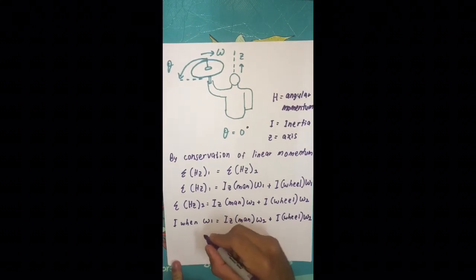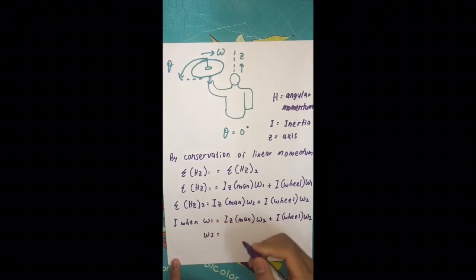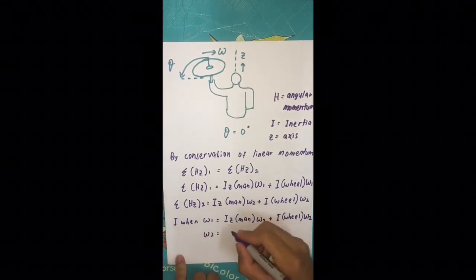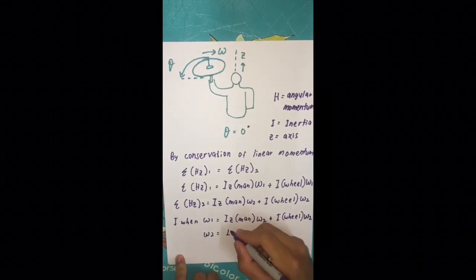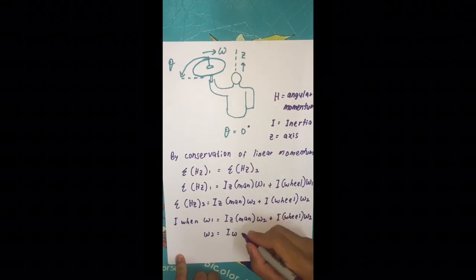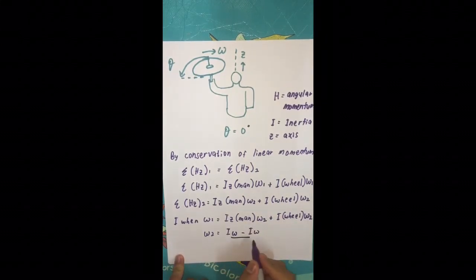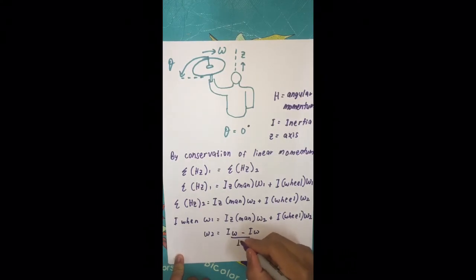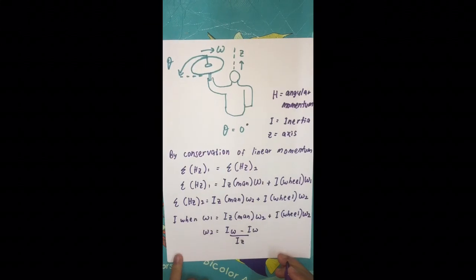So omega 2 is equal to I omega minus I omega over the inertia of the axis.